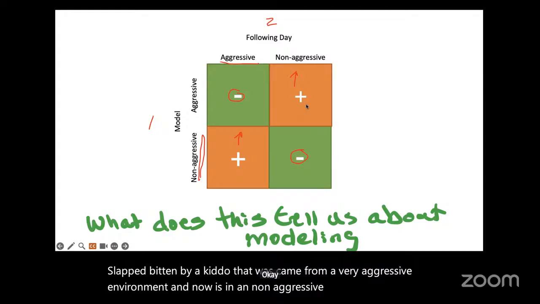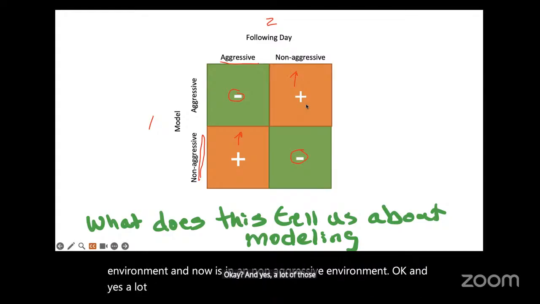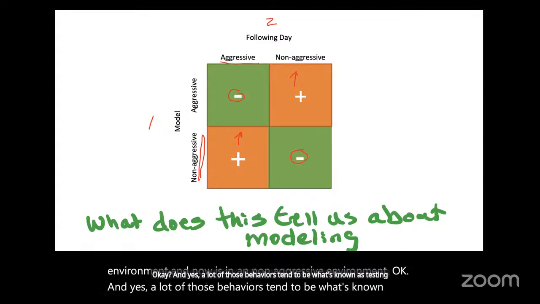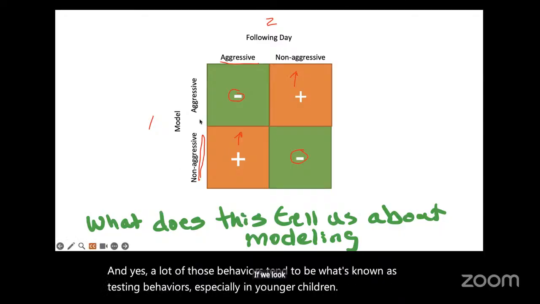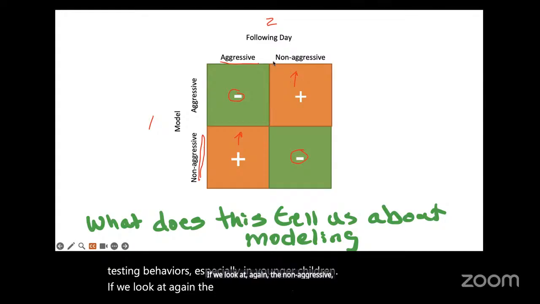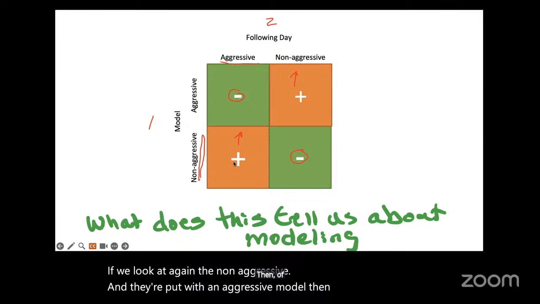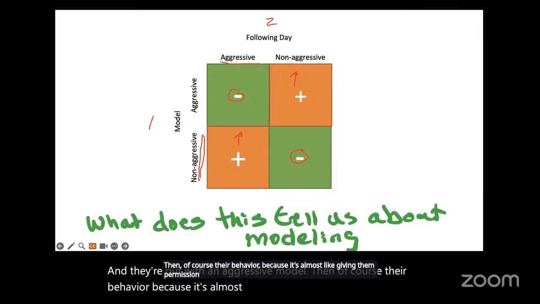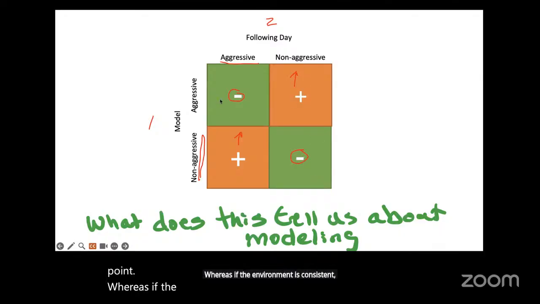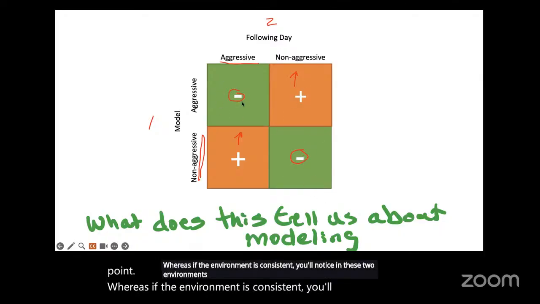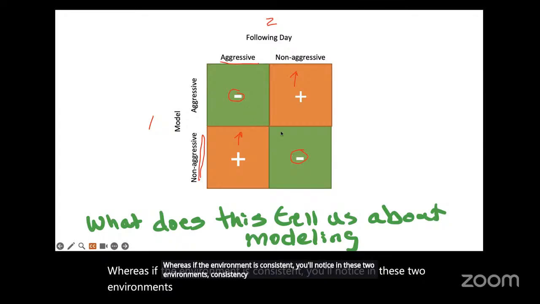And yes, a lot of those behaviors tend to be what's known as testing behaviors, especially in younger children. If we look again at the non-aggressive child who is put with an aggressive model, then of course their behavior changes, because it's almost like giving them permission to at that point. Whereas if the environment is consistent, you'll notice in these two environments, consistency produced no aggression.